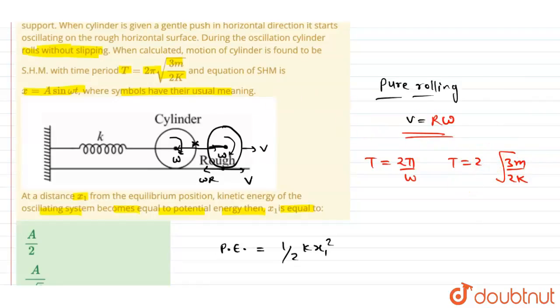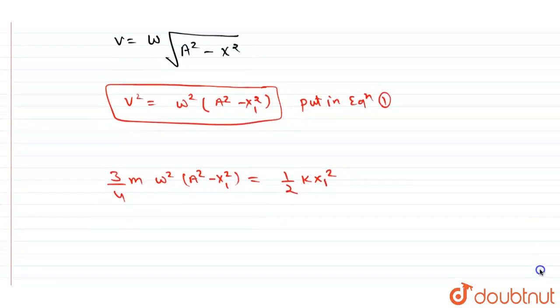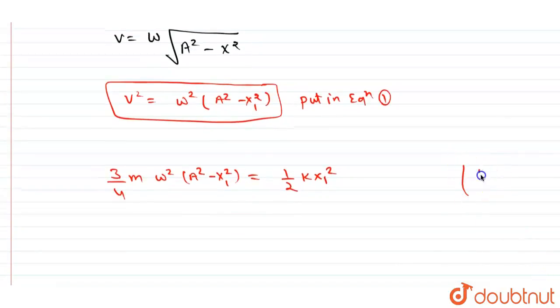So for omega square we can write 2k by 3m only.